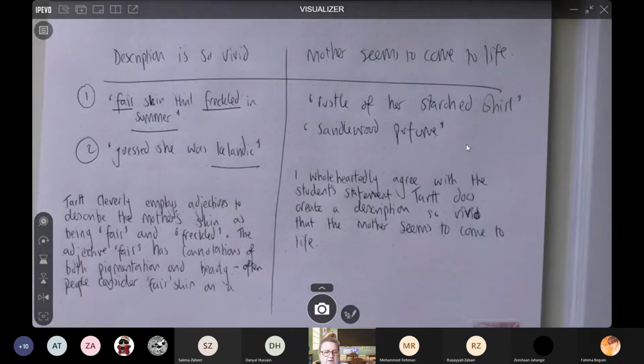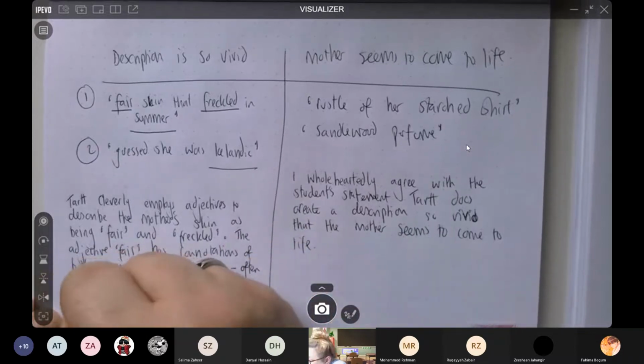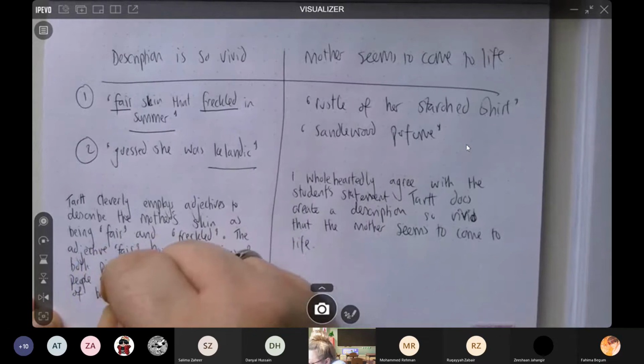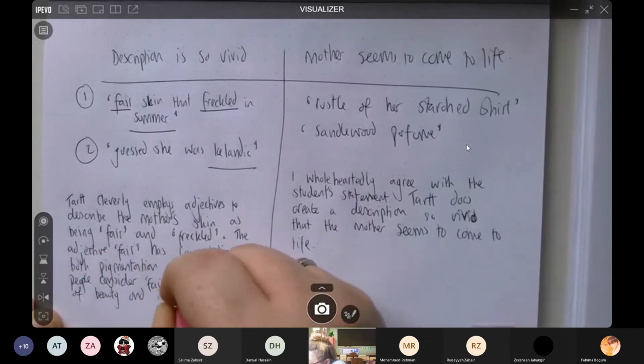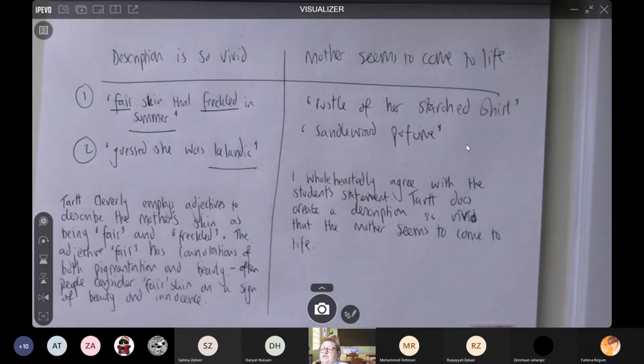Okay, likewise, I might say fair skin as a sign of beauty, and I should have said, and innocence. And one of the reasons people think this is because if skin is fair, it would suggest that they've not been outside working a lot, and therefore it might suggest that they're more affluent or that they're more innocent and protected in a way.